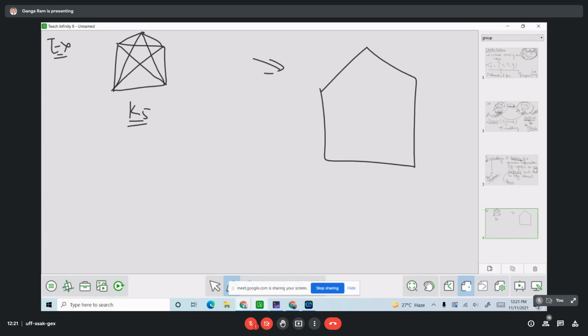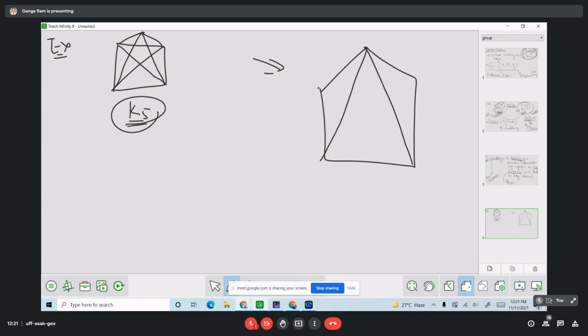Okay, means this is a complete graph. You know about this. What is the complete graph? A complete graph with 5 vertices means every pair of vertices has one edge. Okay, so in this graph, this vertex is joined to this vertex, and this vertex.